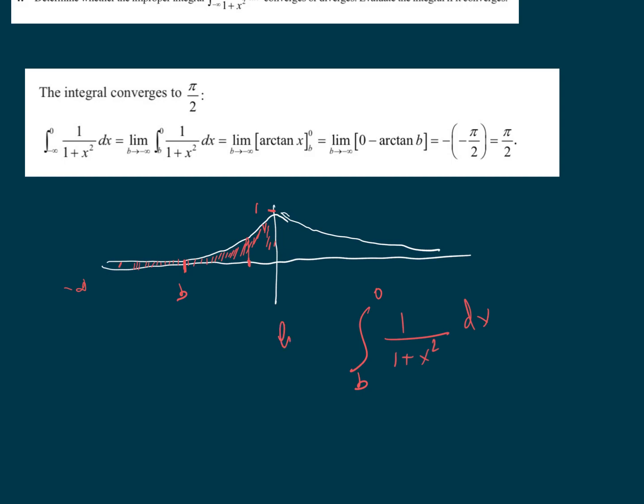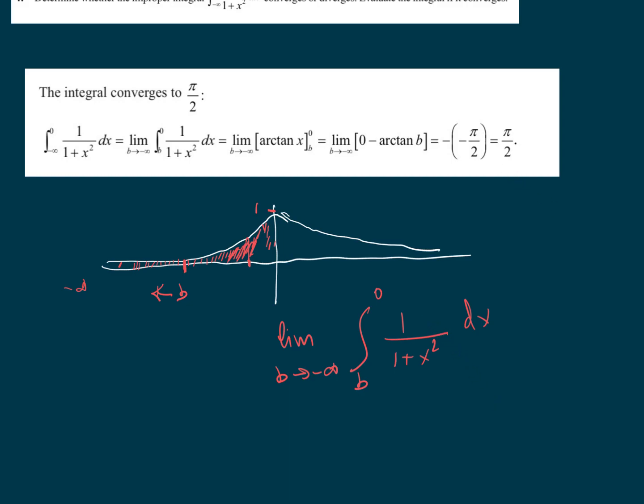And we take the limit when v goes to minus infinity. So v will be moving to minus infinity, and the area will start to grow. When it goes to minus infinity, the area will be a finite number or an infinite number.